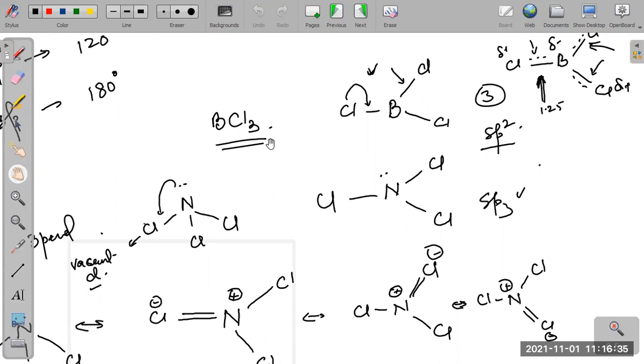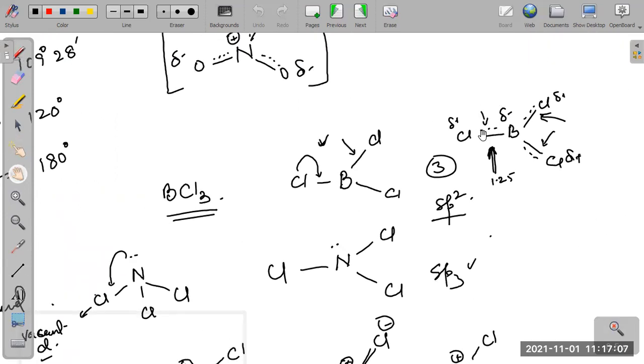Boron trichloride, tribromide, triiodide and trifluoride. In all of them this type of delocalization takes place. Boron has a vacant p orbital where chlorine donates its lone pair of electrons, and all three chlorines donate into this vacant orbital one by one, creating a hybrid structure like this.